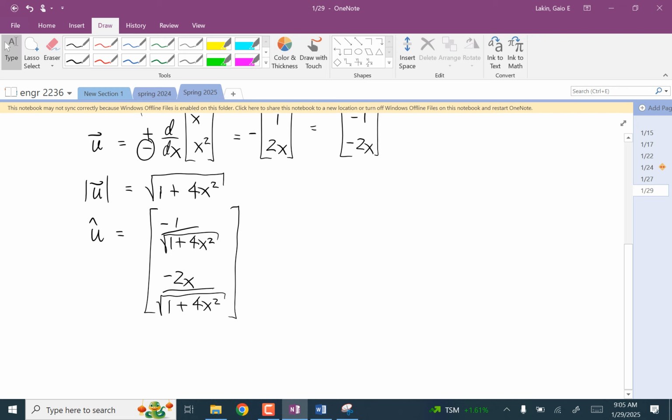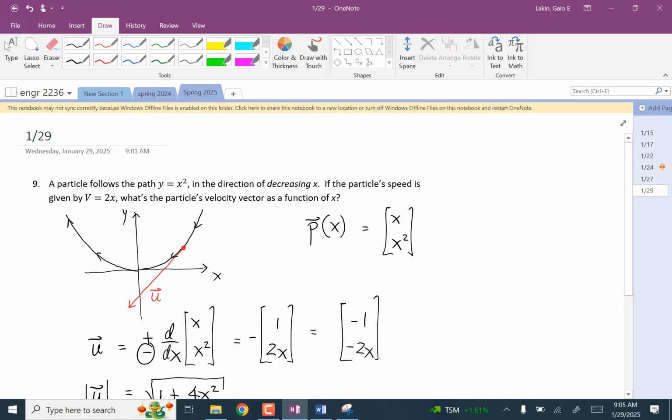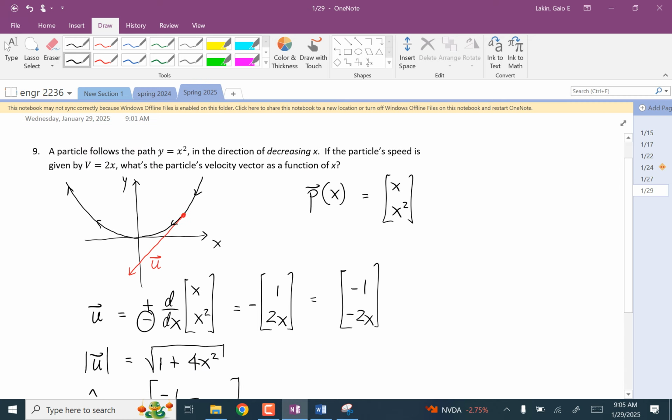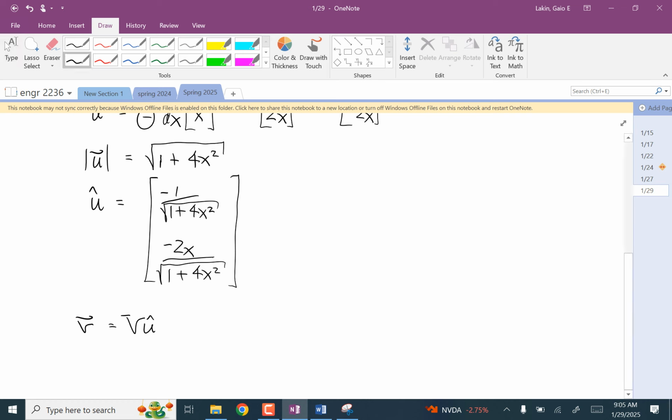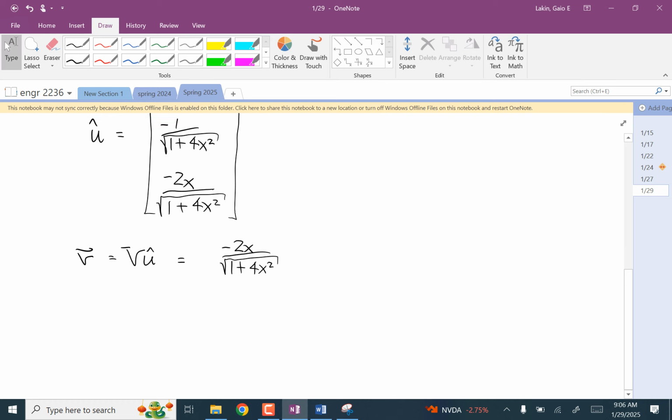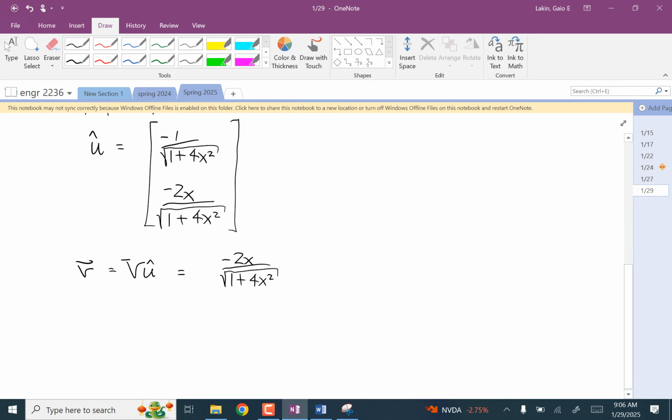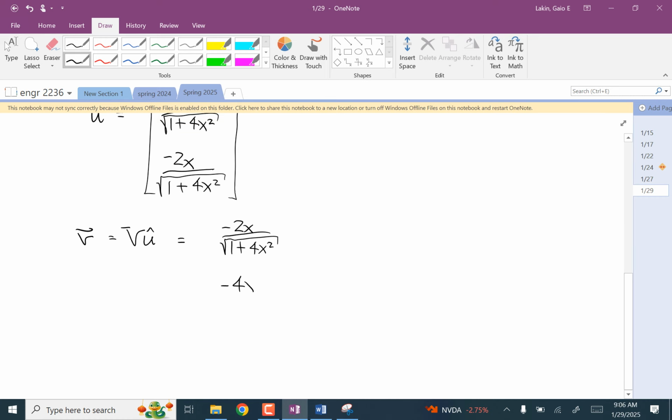And now the last step is the velocity vector is the speed times the unit vector in that direction. The speed is 2x. So this is -2x over the square root of 1 plus 4x squared, and then -4x squared over the square root of 1 plus 4x squared.